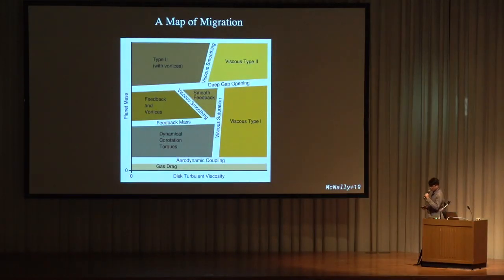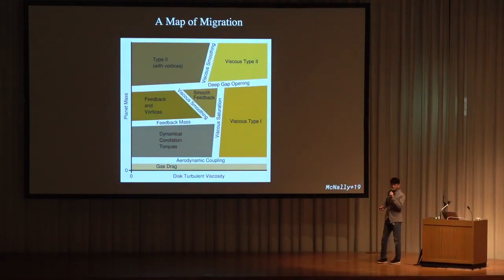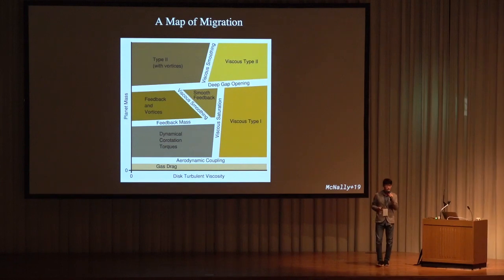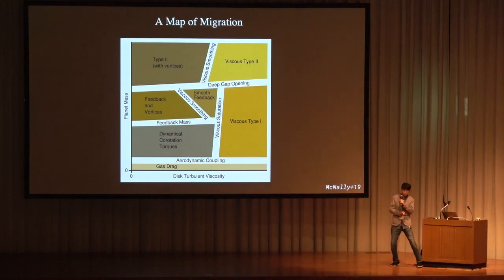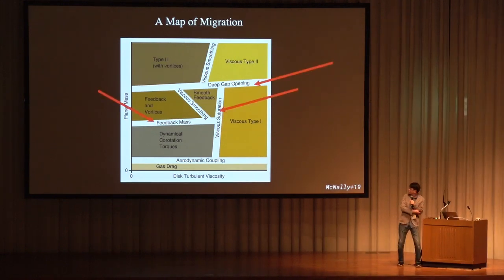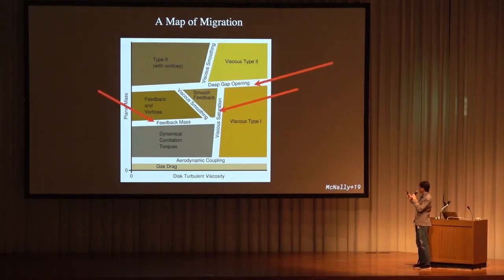Here is a slice in the parameter space of planet migration. We have divided planet migration into a number of regimes, and I want to point your attention to these three particular dividing lines.